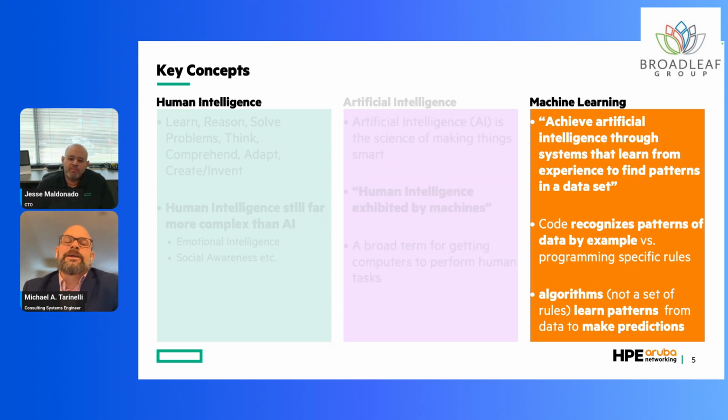If you think of AI as the category, then everything below AI is kind of like a subdomain, and machine learning is the first big subdomain. It's the notion of achieving artificial intelligence through systems that learn to find patterns in a data set. Really, what we're trying to do is recognize patterns in data by example, okay?